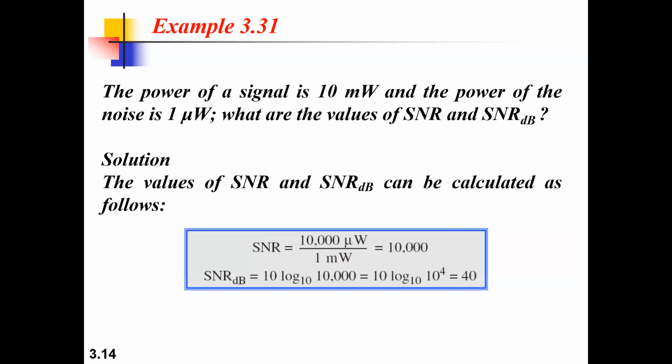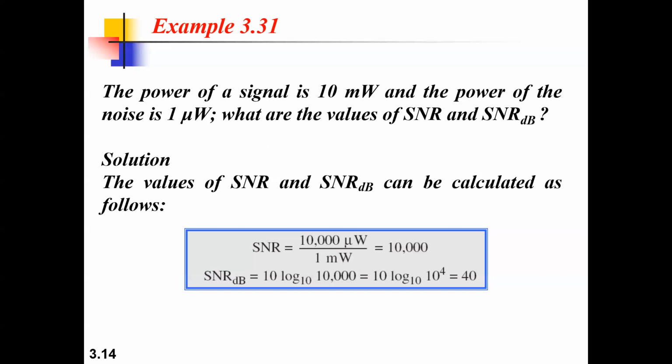So 10 milliwatts converted to micro will be what? Milli to micro, I think it's multiply by 1,000. And here it will be a divide by 1,000. So if you convert 10 milliwatts to microwatts, that will be a multiply by 1,000. So that's 10,000, divided by just 1 in this case, which is equal to 10,000.